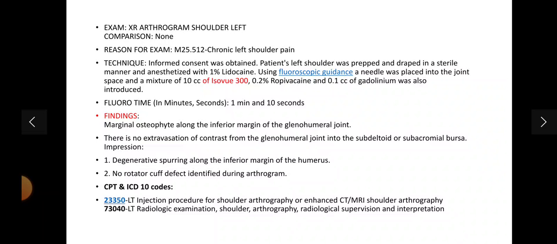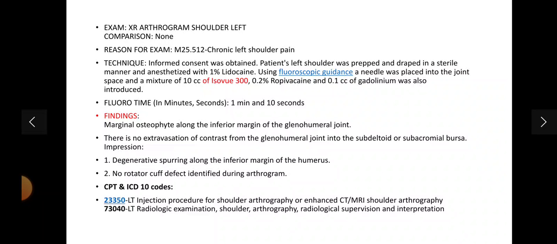So here the patient is going through a shoulder arthrogram procedure, and using fluoroscopic guidance a needle was placed into the joint space and a mixture of 10 cc Isovue 300 contrast was introduced, and gadolinium also was introduced. The fluoroscopic time is also given.